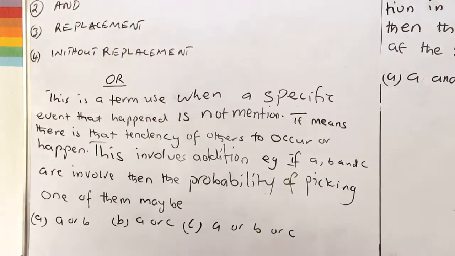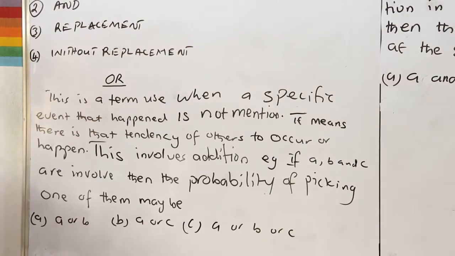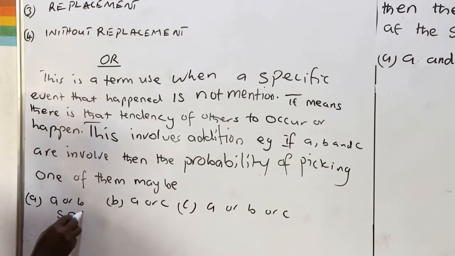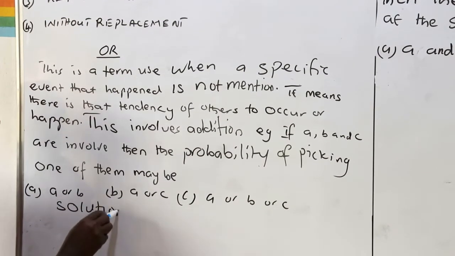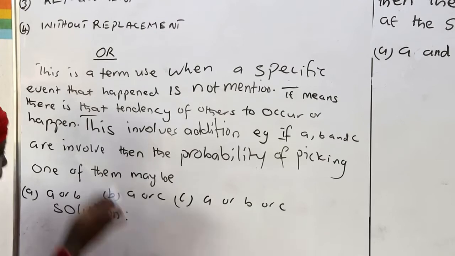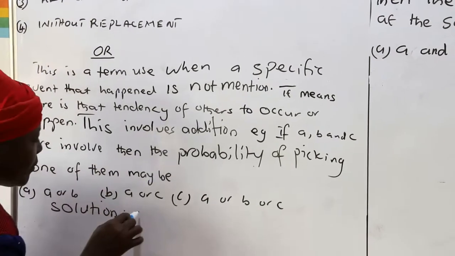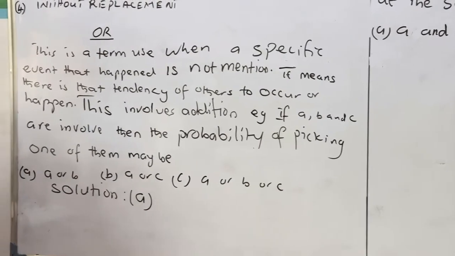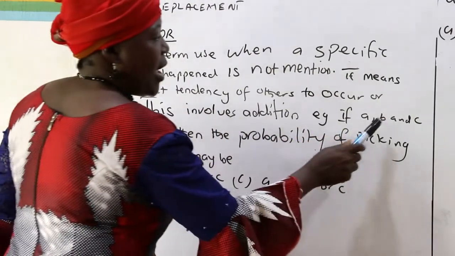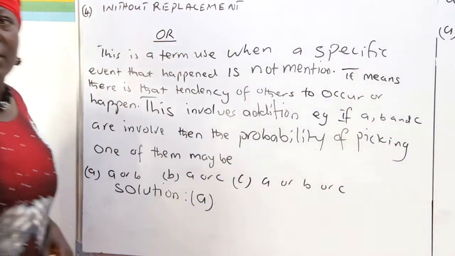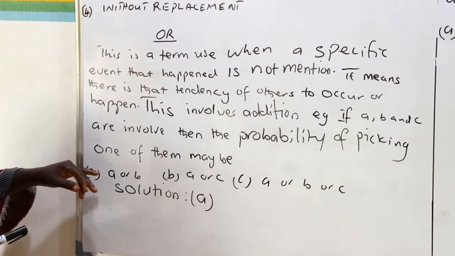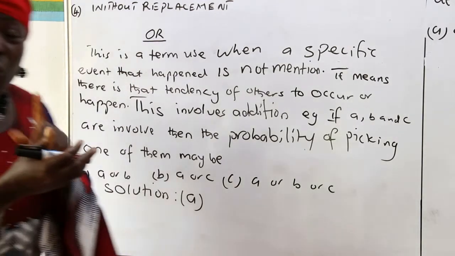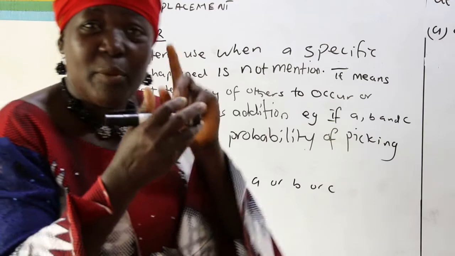Now, let's solve this question. For A or B, we know that we have three events: A, B, and C. Now, we know that our formula gives us the required outcome and the possible outcome.